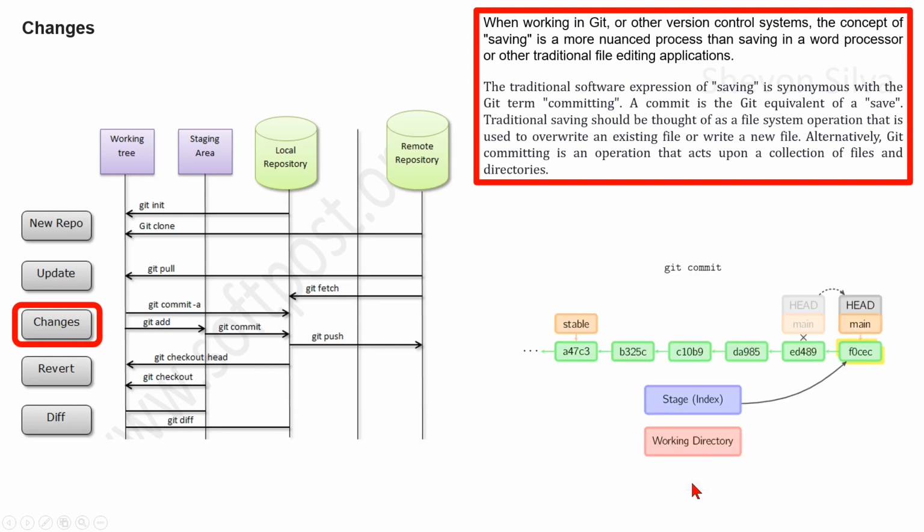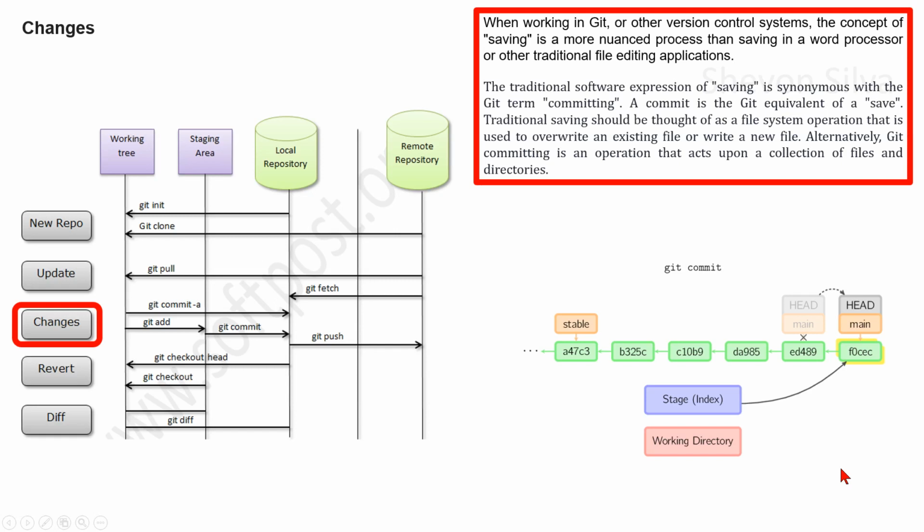Here we are considering git commit. When you commit, Git creates a new commit object using the files from the stage and sets parents to its current commit. It then points the current branch to this new commit.